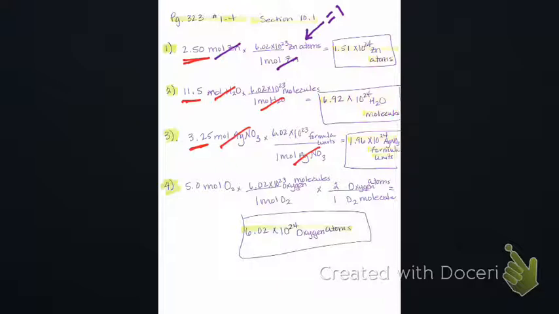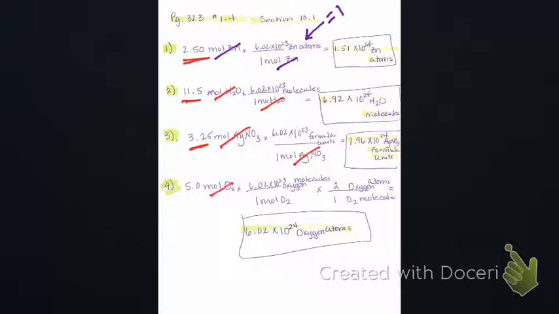So we start with 5.0 moles of O2. As they said in the problem, when they ask you the question, oxygen is diatomic, so we cannot forget that 1 mole of O2 has 6.02 times 10 to the 23rd oxygen molecules. The question was asking you for oxygen atoms, how many oxygen atoms there were.